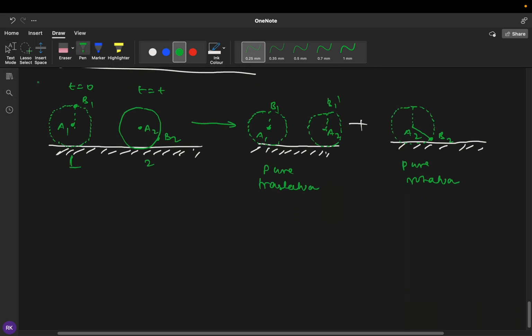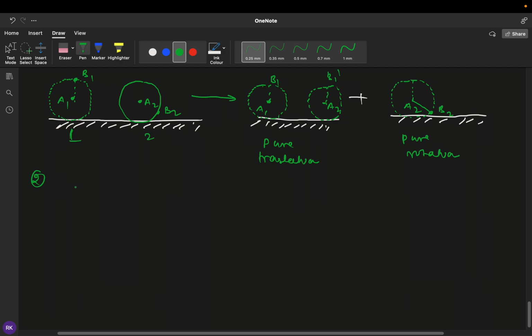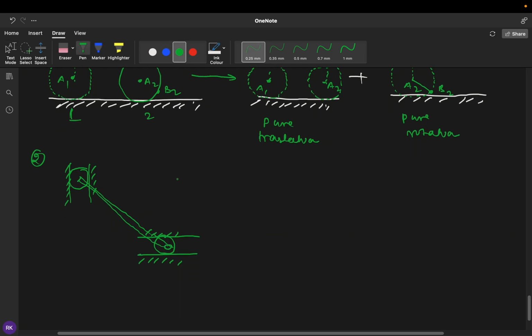Now let's take another example. Suppose there is a guide and there is another guide, and there is a roller, and in the roller there is a link. Now this roller has moved to this position.